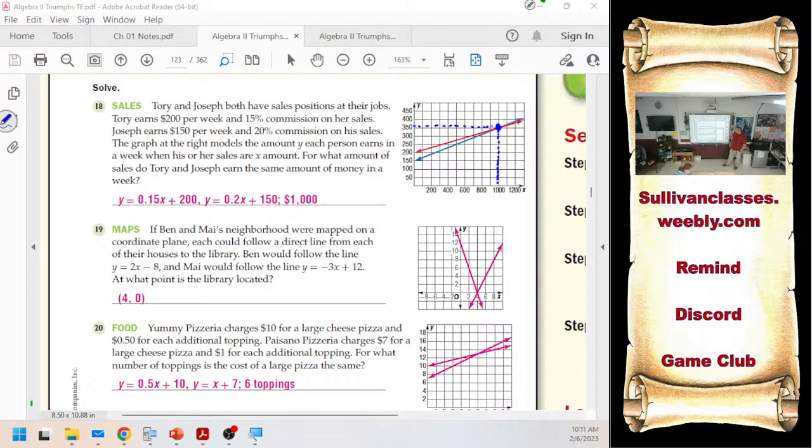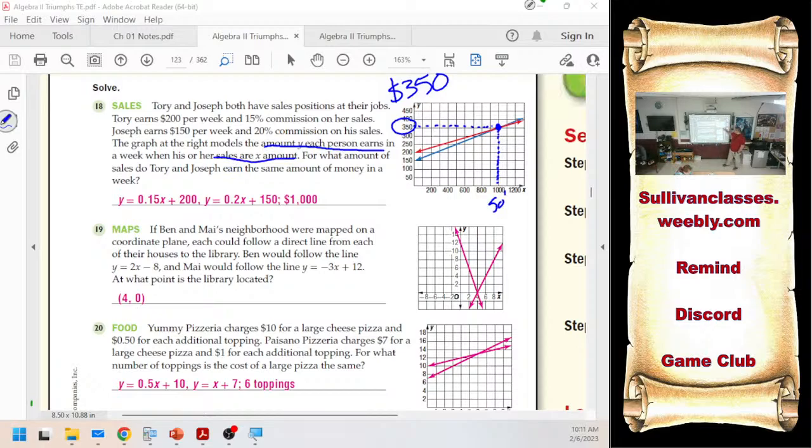Okay. Joseph earns 150 a week, 20% commission. So more per week, but less commission, less per week, more commission. They're wondering when are they going to make the same? And they tell you right there, the amount they earn is Y. So this is $350 in their pocket when they do X amount of sales.